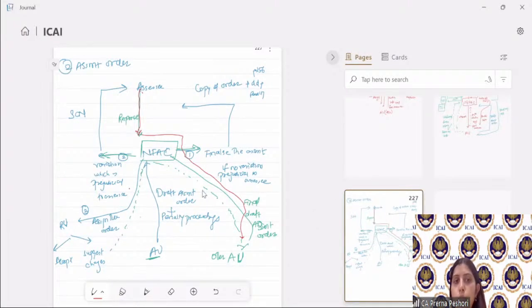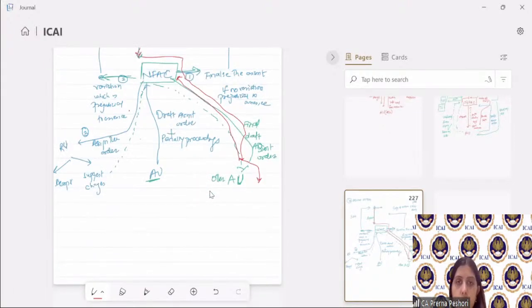And now this assessment unit will again make an order, which will be called the revised draft assessment order.